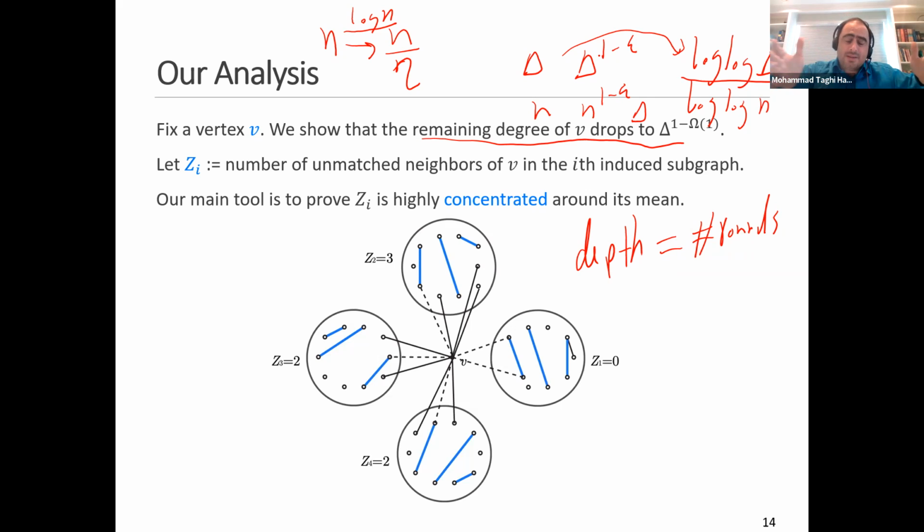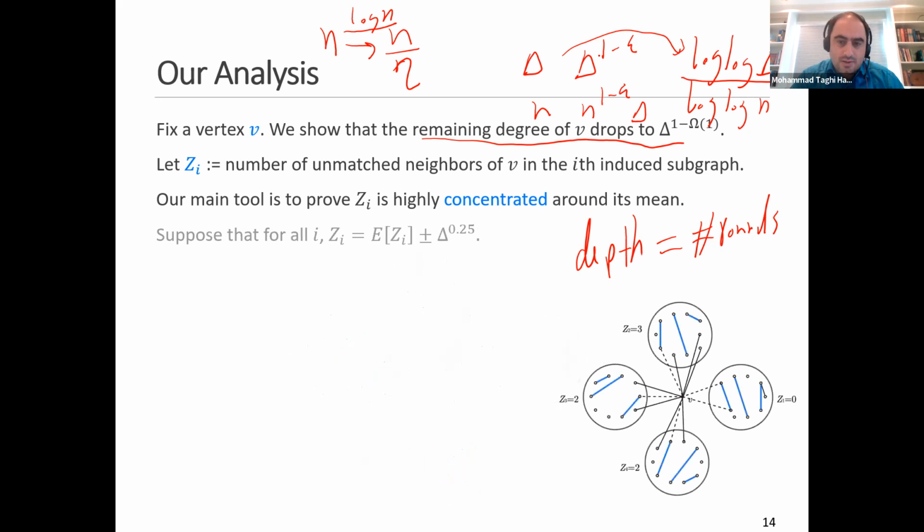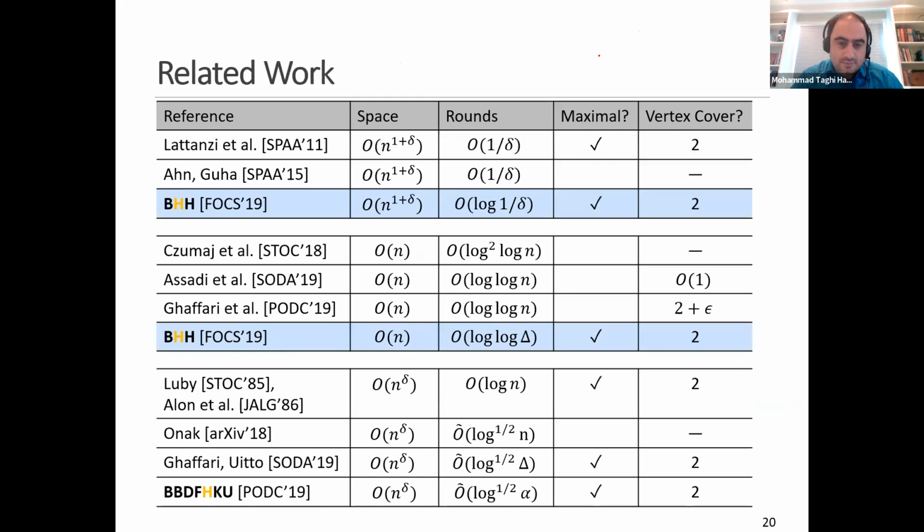And again, several previous works mentioned this simple algorithm, but they couldn't analyze it. And we can actually analyze it and get a very nice algorithm out of it. This is the paper that we had in FOCS 2019 that gets this log delta rounds for this problem.